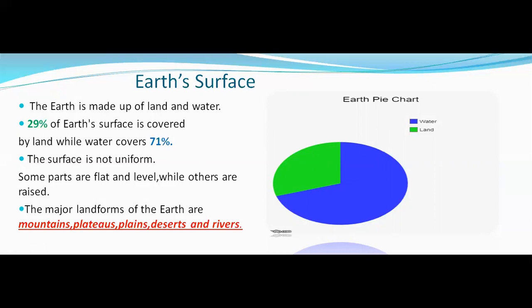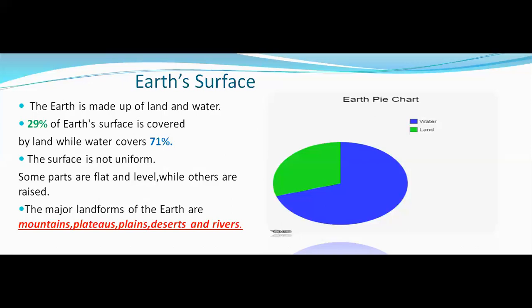Children, do you think the surface of the Earth is flat or uniform? Yes, it is not at all flat or uniform. Some parts are flat and level while others are raised. That is the reason our Earth's surface is classified into various types or landforms.